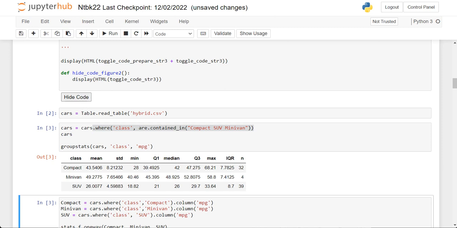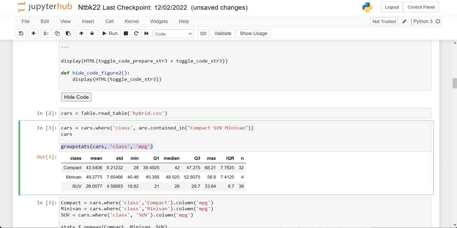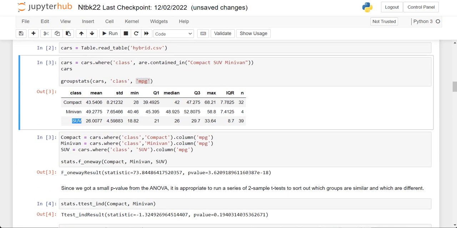And when we do group_stats, right? So with group_stats, remember this because this will be on the project. We put the name of the table in first. We put the grouping variable in second, and then third goes the numeric variable. So the different classes are what group_stats is using. All right, compact, minivan, and SUV.